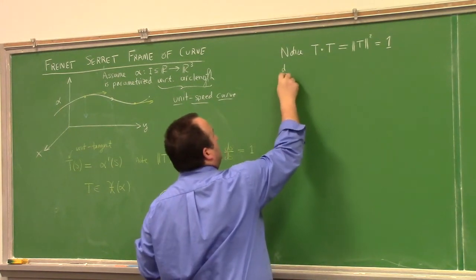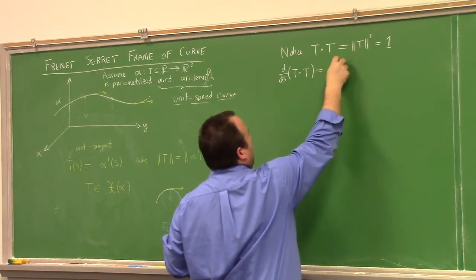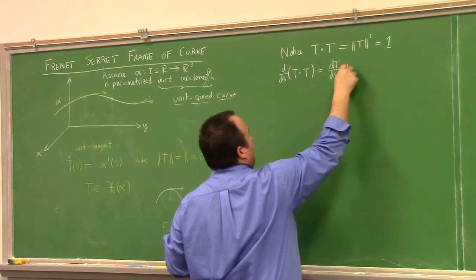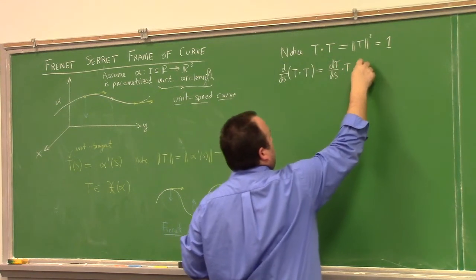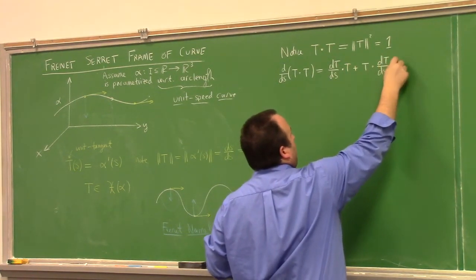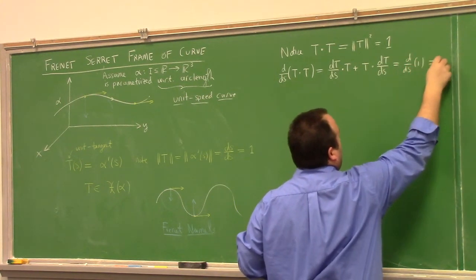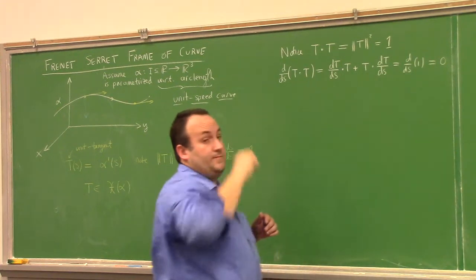d/ds of T dot T is dT/ds dot T plus T dot dT/ds. And on the other hand, that's d/ds of the number 1, which of course is 0. Right?